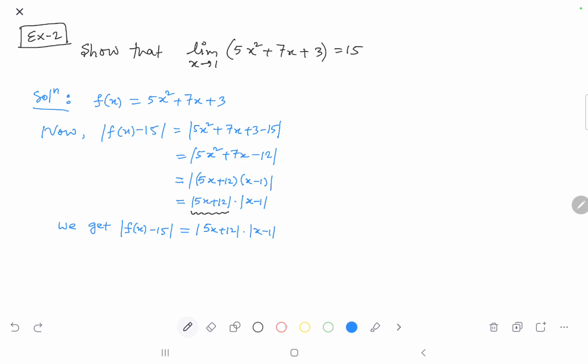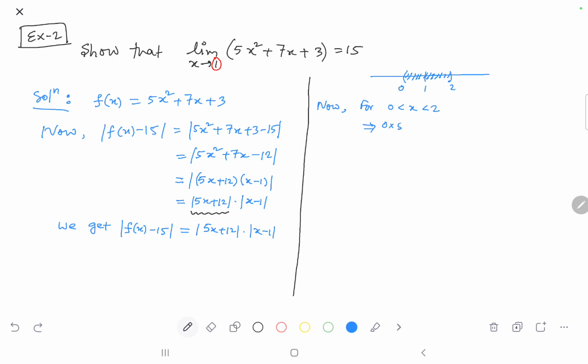Now, see, at which point are we interested? At point 1. So we consider a neighborhood around 1. So naturally, you can consider 0 to 2 as this neighborhood. One is clear. Now for 0 less than x less than 2, what should we say? We need 5x plus 12.